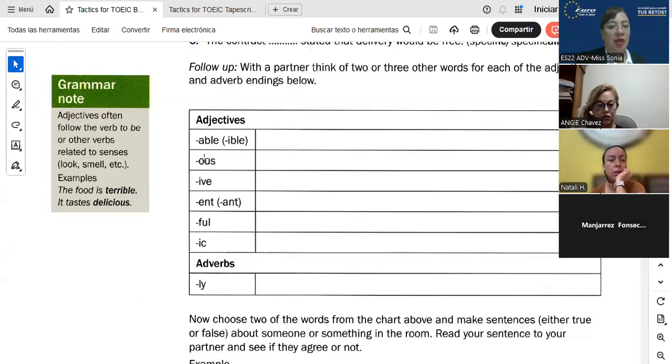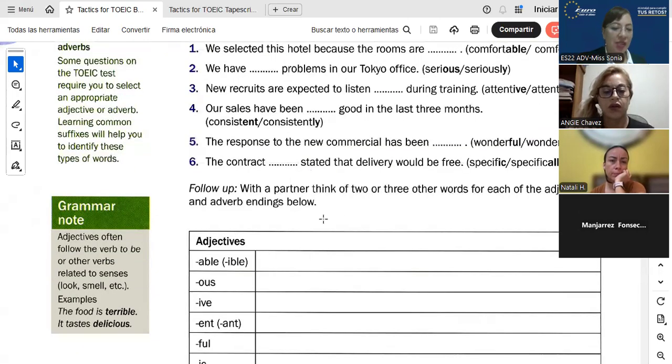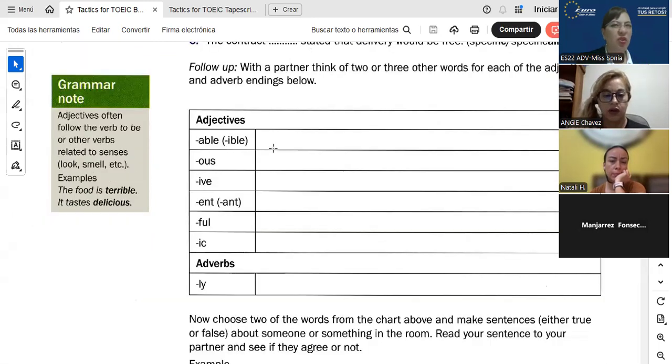Adjectives ending in able, ous, ive, ful, ic, and adverbs ending in ly, of course. Comfortable, the first. Another one, because we have already used comfortable. Any other that you can think of in this moment? I'm not pushing you, I'm just telling you that you can think of other ones.